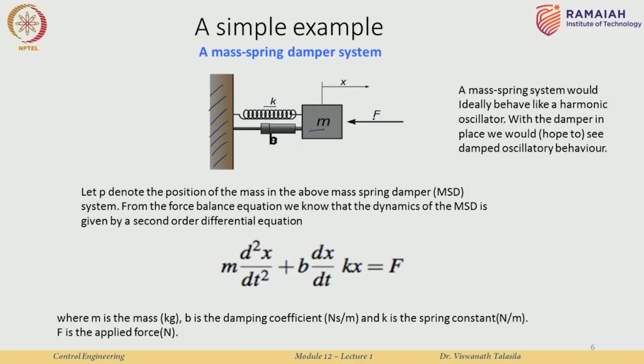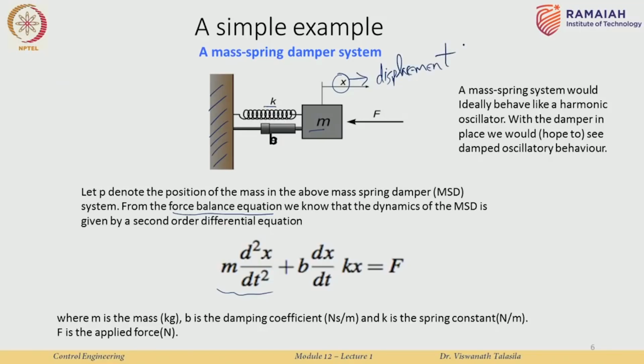Now, we know by the basic force balance equation that the total applied force is distributed among each of these 3 components. By Newton's laws, the component of force along the mass is mass times acceleration, where x is the displacement or position of the mass.